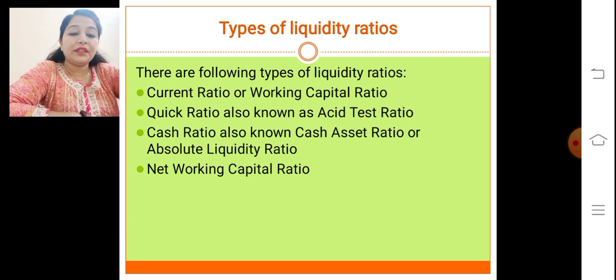Basically, we have different types of liquidity ratio, which I have already explained in my previous slides: current ratio, which is also known as working capital ratio, quick ratio or asset test ratio, cash ratio or cash asset ratio, absolute liquidity ratio and net working capital ratio.